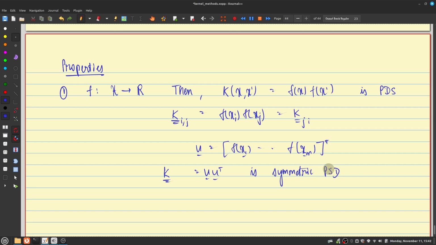What are the eigenvalues? They're going to be m minus 1 zeros. There's one non-zero eigenvalue. What is that going to be?